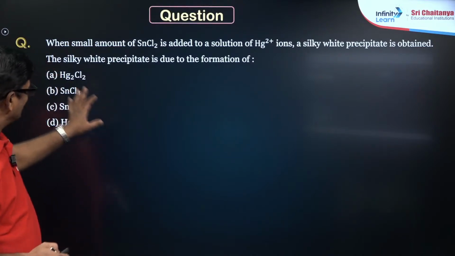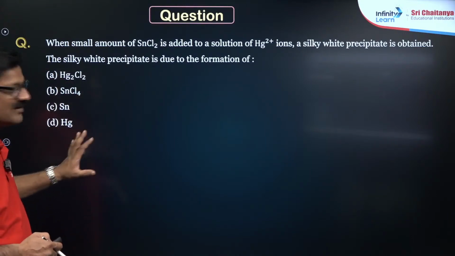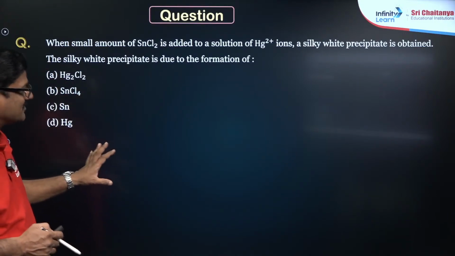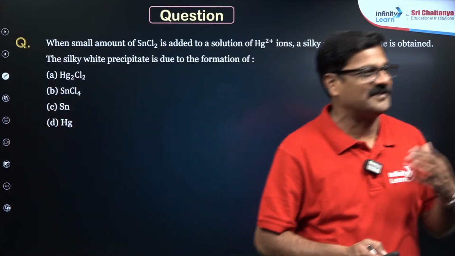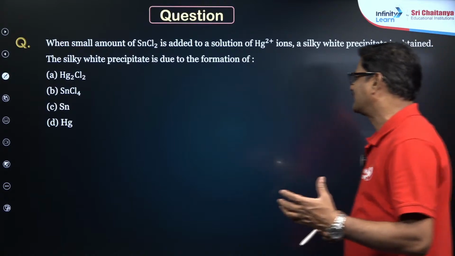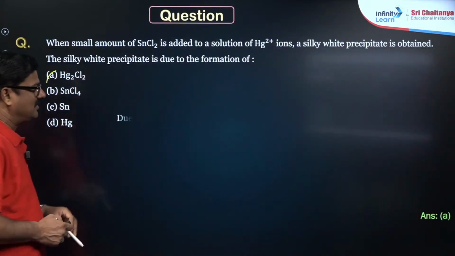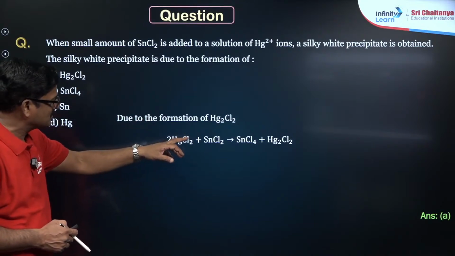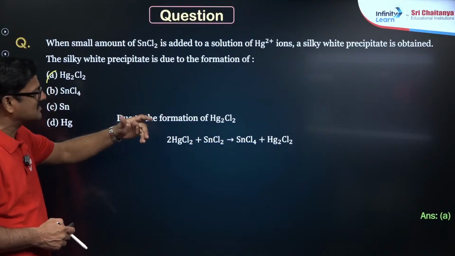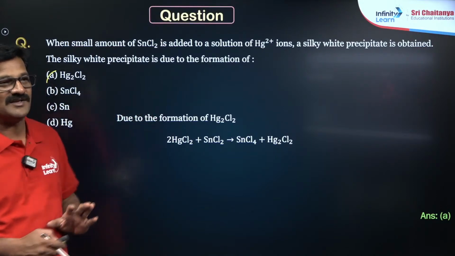Things look really good, but in inorganic qualitative analysis you feel that this reaction can happen or may not happen, but this can be easily done. It is going to be mercurous chloride, due to the formation of HgCl2 plus SnCl2 giving SnCl4 and Hg2Cl2, a double displacement.